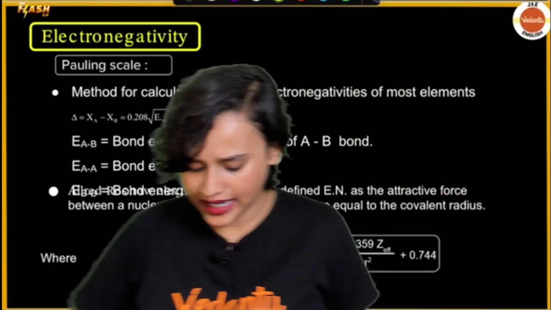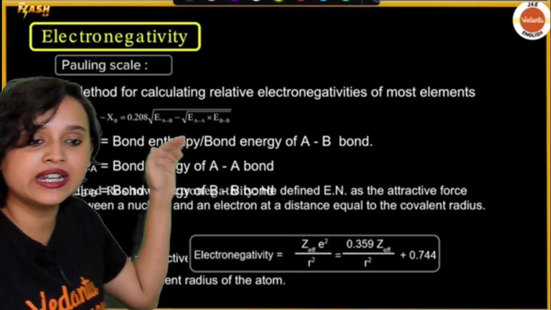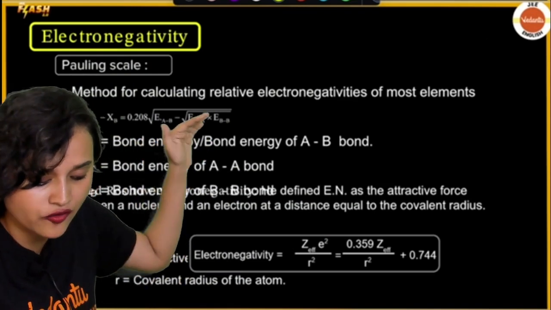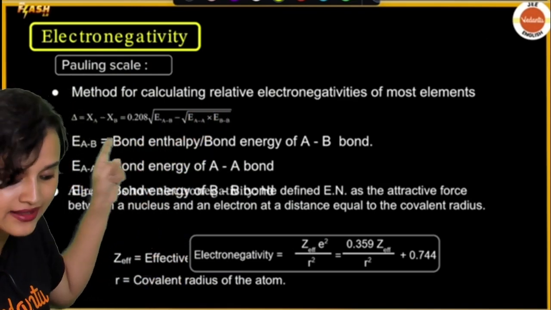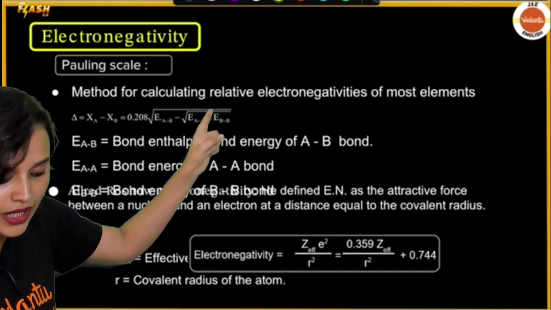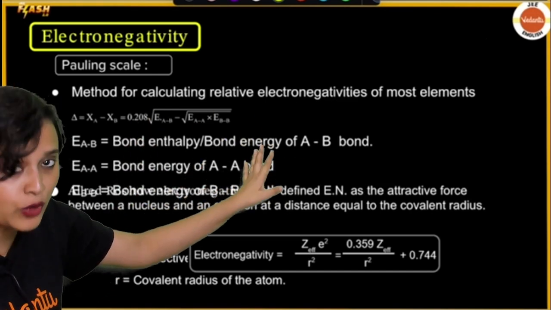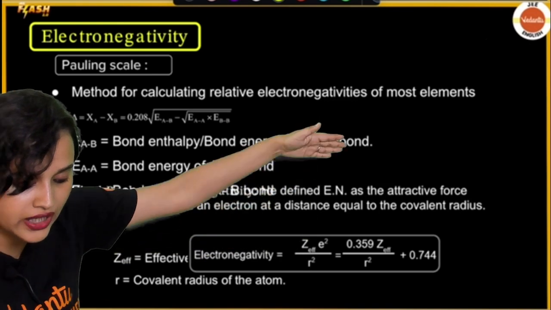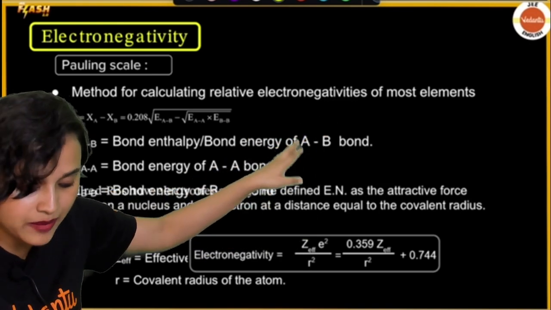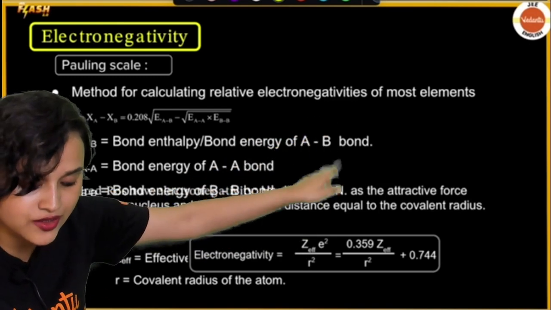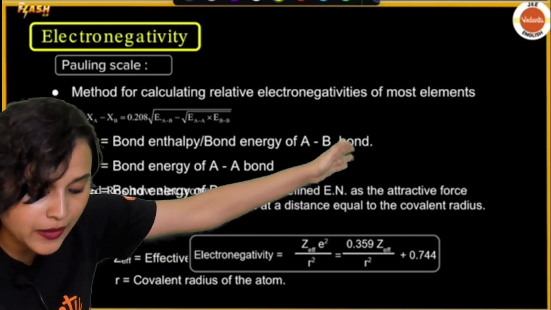He said that the method for calculating the relative electronegativities of most elements is given as delta is equal to XA minus XB is equal to 0.208, it's a constant, root over EAB minus root over EAA multiplied with EBB.